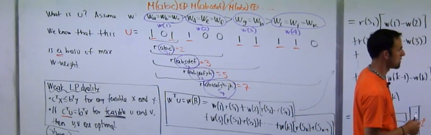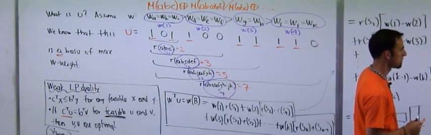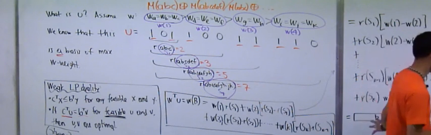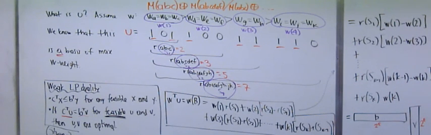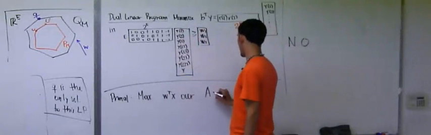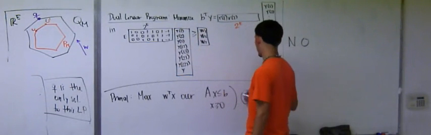Right? We're maximizing over those two different guys. I wish I hadn't erased this, but you wanted to maximize in the polytope Q sub m. The primal program said maximize, what letters did I choose? W transpose X over the polytope AX less than or equal to B, X bigger than or equal to 0, which was the polytope Q sub m.